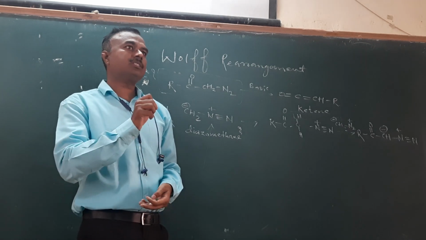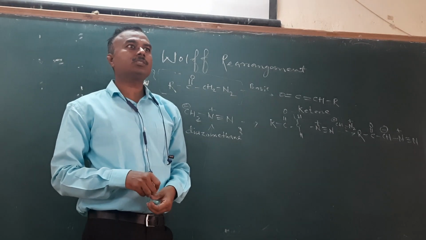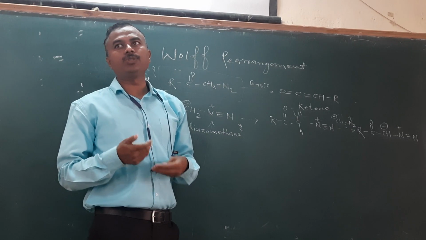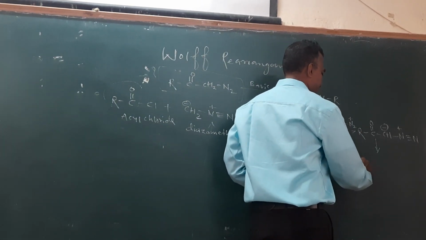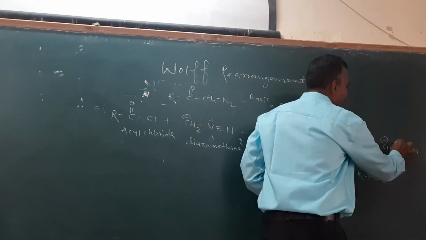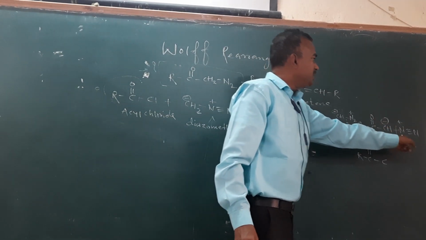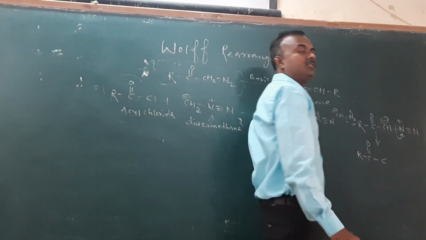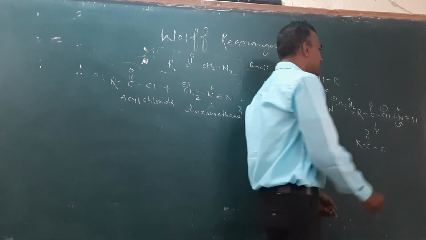Now this is the one-step rearrangement in which no charge carbene is formed. Now, no charge carbene means what? Where will the negative charge be? On which atom? Nitrogen.